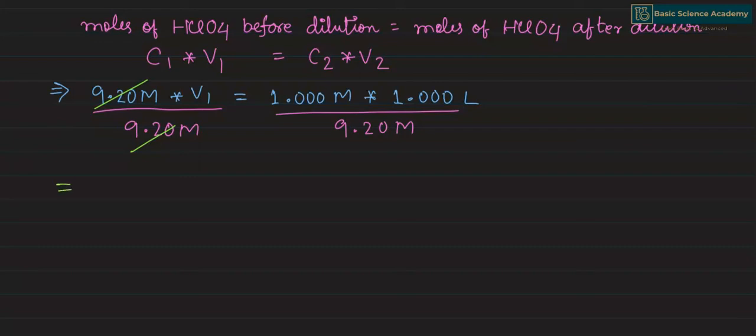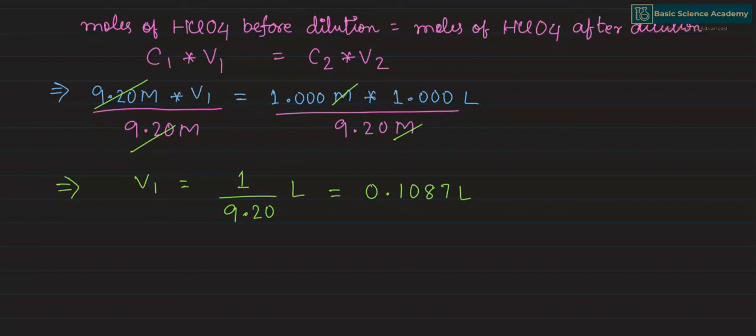This implies V1 equals 1 multiplied by 1, which is 1 divided by 9.20. This M will also cancel out to give liter, 1 by 9.20 liter, and this equals 0.1087 liter.